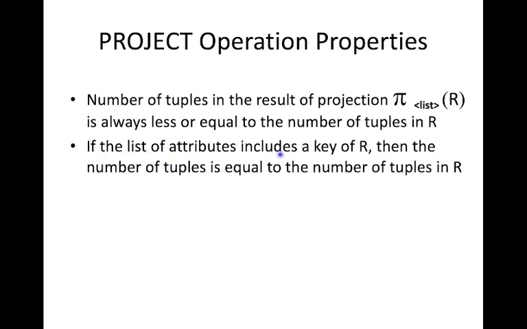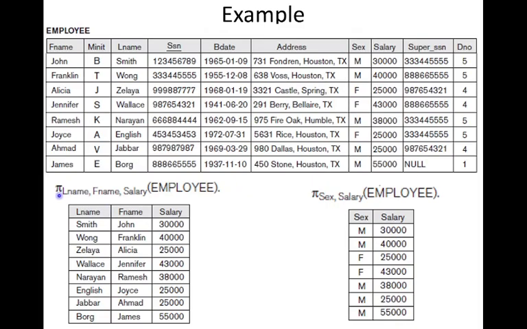Then if the list of attributes includes a key of R, then the number of tuples is equal to the number of tuples in R. So if this list includes the SSN value, imagine that we are including this SSN in this. SSN is a key attribute. So what happens? All the rows, or all the tuples, will be listed, because SSN is a key attribute, so every tuple will have a unique value.